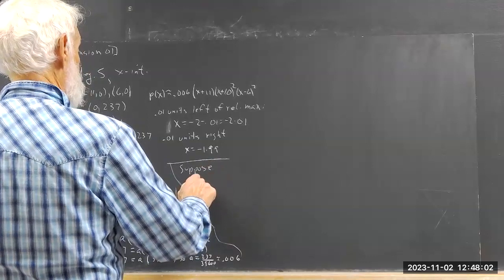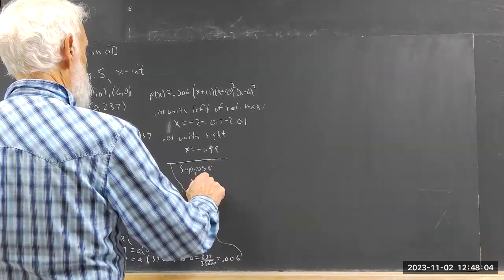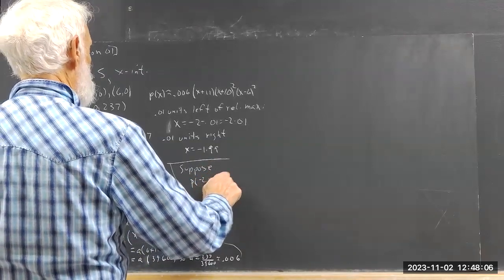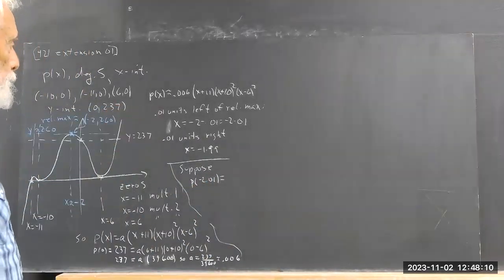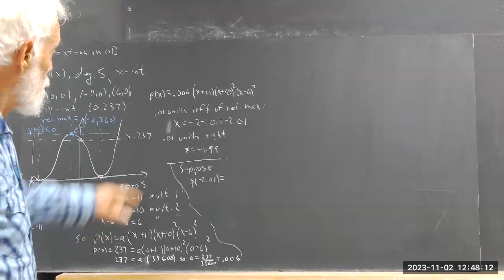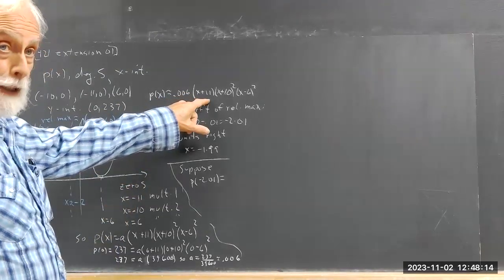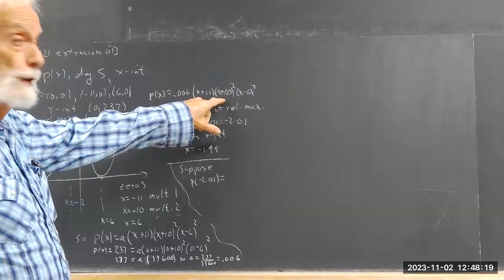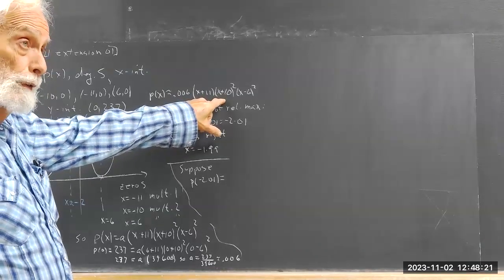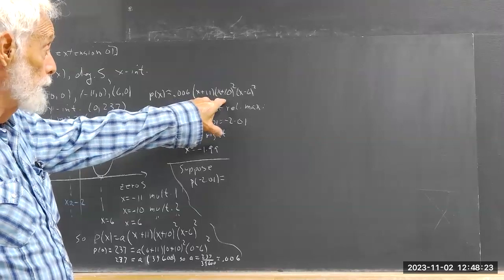Suppose P of -2.01 equals what? Well, first of all, what's P of -2? Well, if x is -2, you've got 9 times 8 squared, so that's 9 times 64, which is 594, I think.